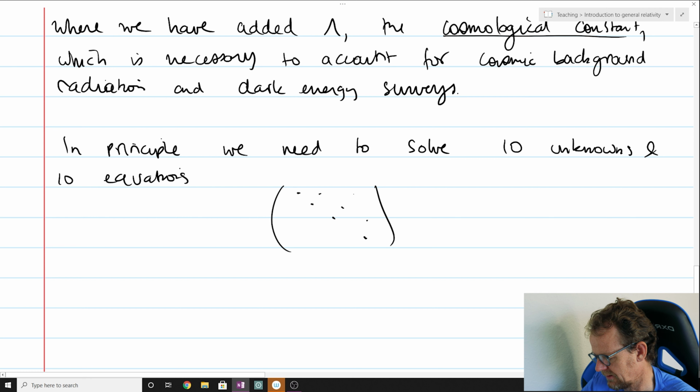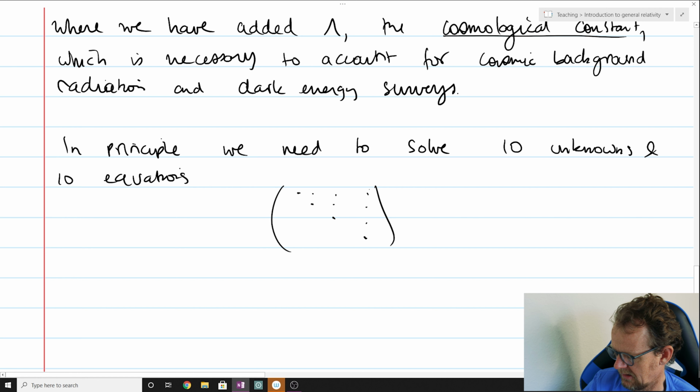The metric is a 4x4 matrix. A 4x4 matrix has 16 terms, but if it's a symmetric 4x4 matrix, which it is in the case of the space-time that we live in, then only 10 components are actually independent, so you only need to solve for 10 variables.